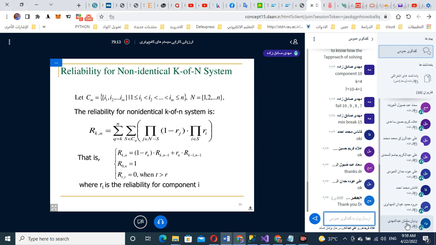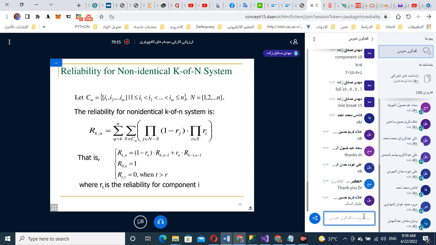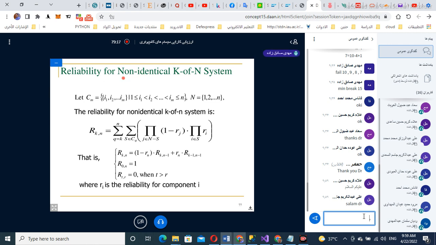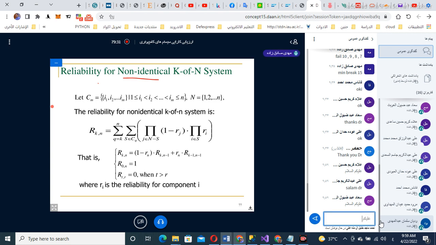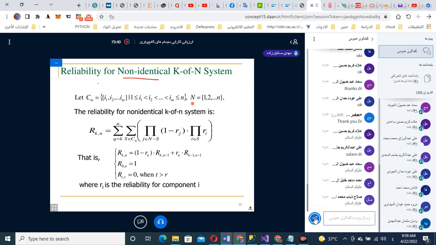Reliability for non-identical k-of-n system. Here there is not the same failure rate and repair rate. Let Cm equal i1, i2, until im, so that i1 is less than i2, less than until less than im, less than or equal to n, with n equal 1, 2, 3 until n.